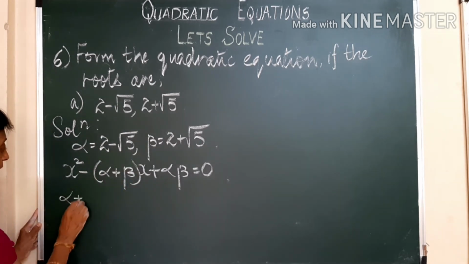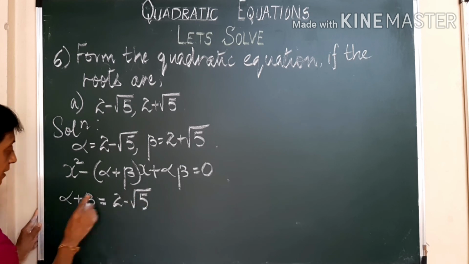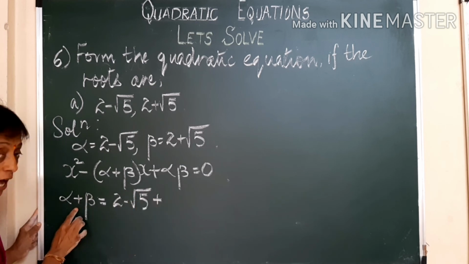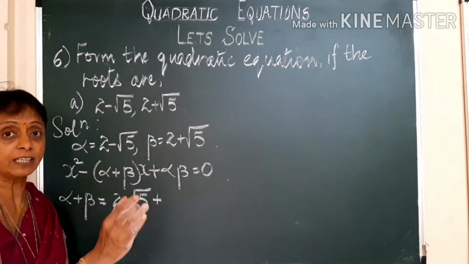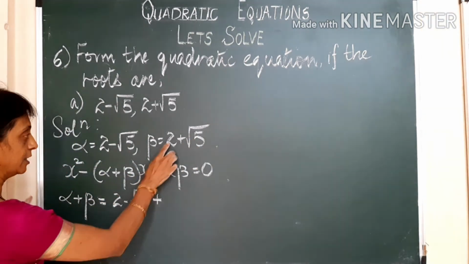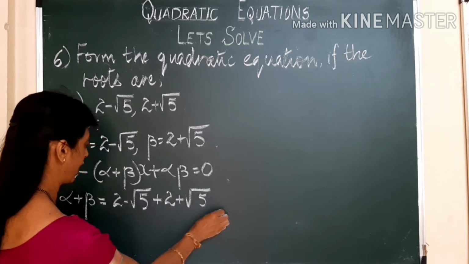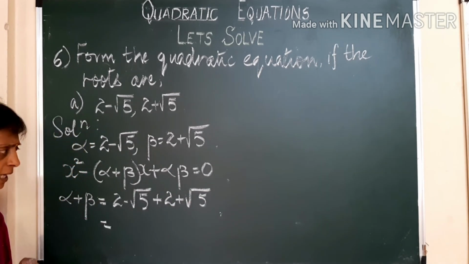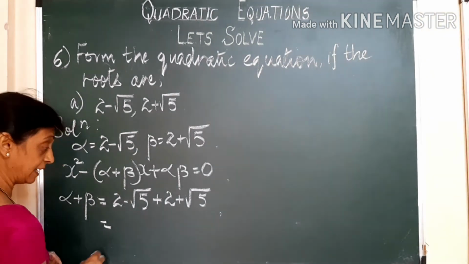Let's solve from the given values. Find out the value of alpha plus beta. What is alpha? Let's substitute. 2 minus root 5 plus. As you have a plus sign, the other term can be written as it is without putting a bracket. So that is 2 plus root 5. Any like terms with opposite signs, children, where you can cancel them? Definitely.